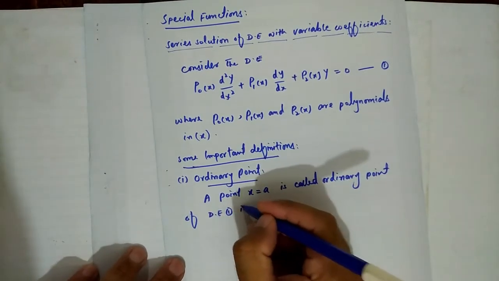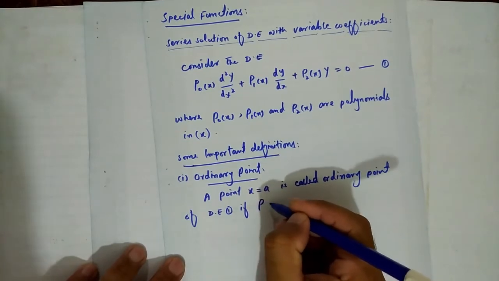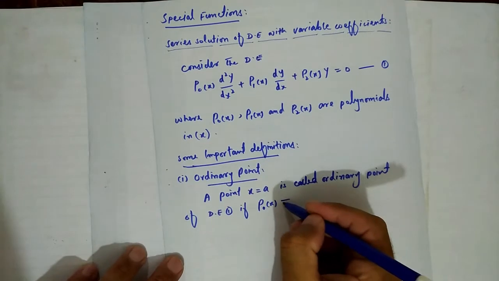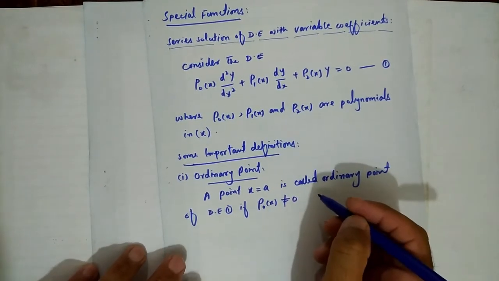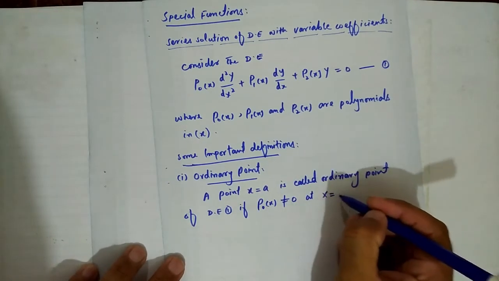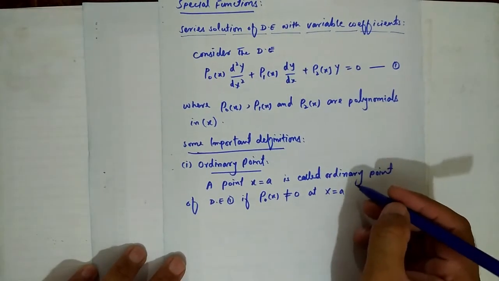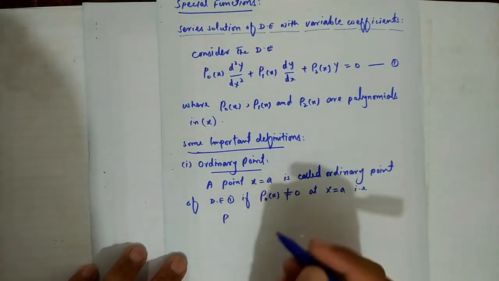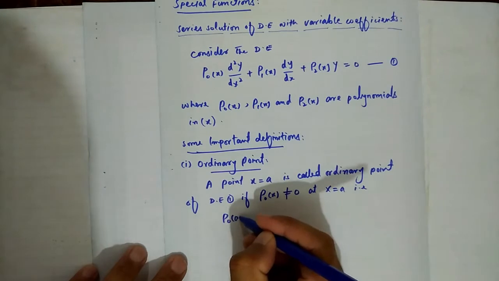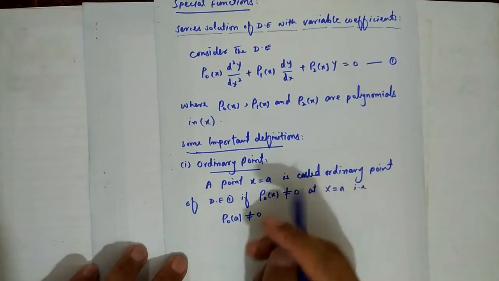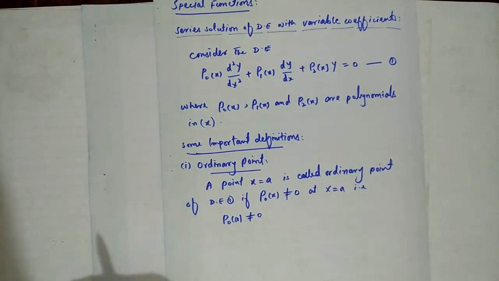if P0 of x does not equal 0 at this point x equals to a. This means P naught at point a does not vanish, then such a point is called an ordinary point of the differential equation.